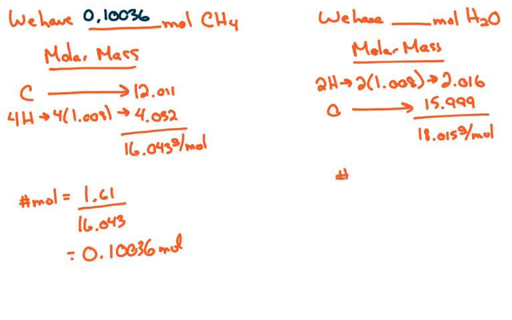The number of moles of water, we take the mass, 2.00 grams, divide by the molar mass of 18.015. Tells us that we have 0.11102 moles of water.